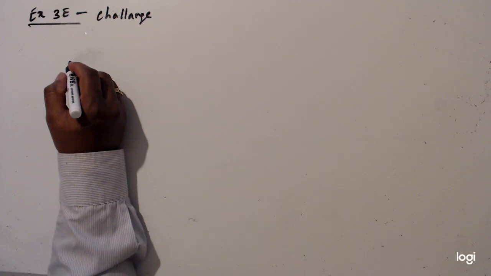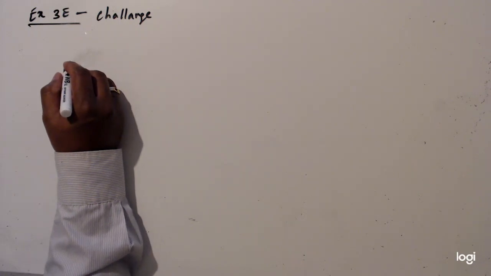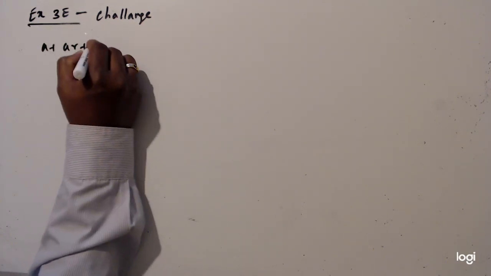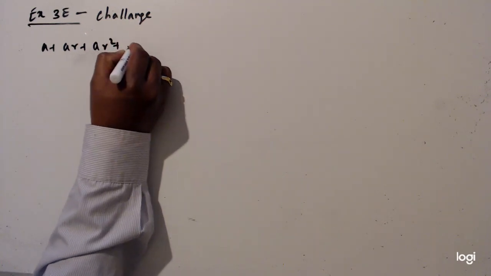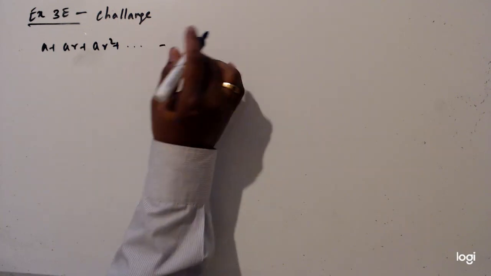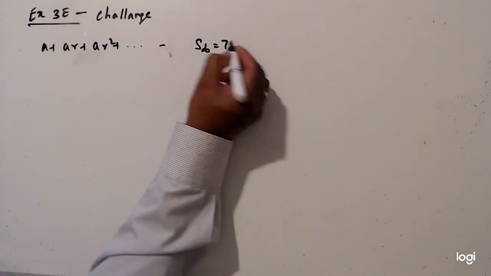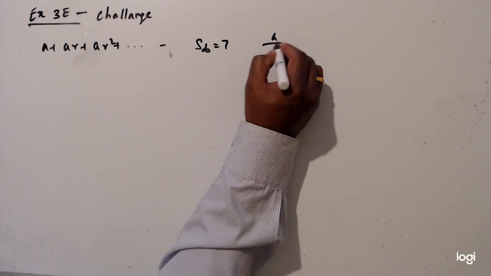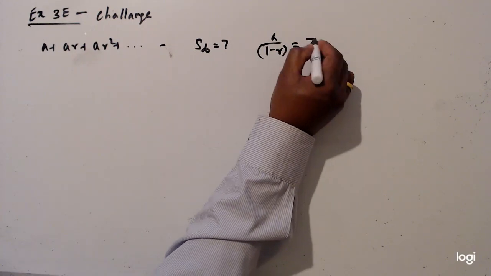Let's discuss the challenge question. The sum to infinity of the geometric series is 7. So there's a geometric series, and the sum to infinity is given as 7. It means a over 1 minus r is 7.